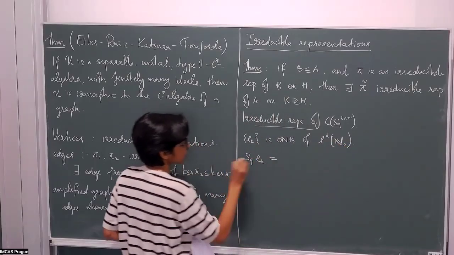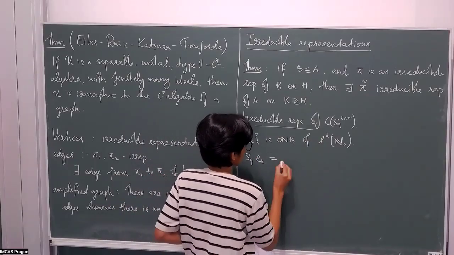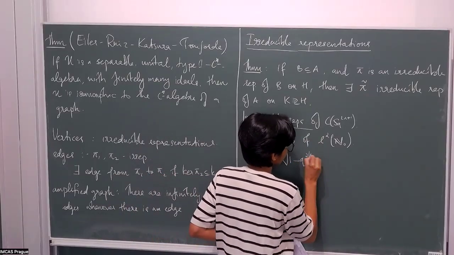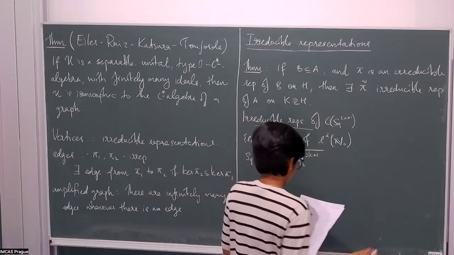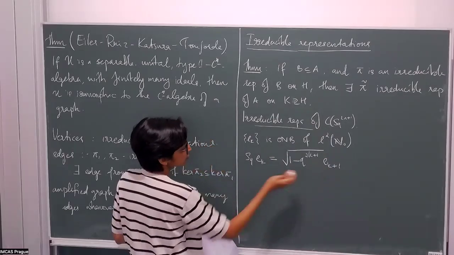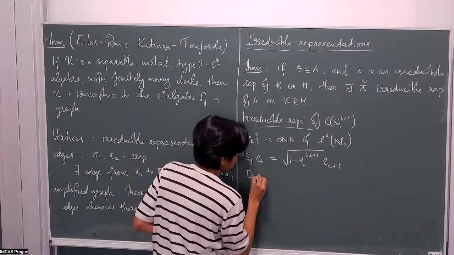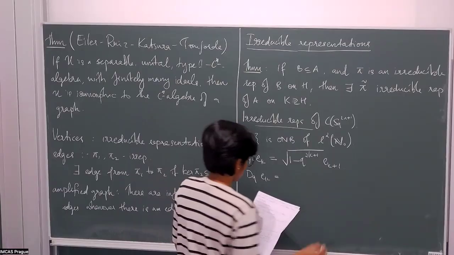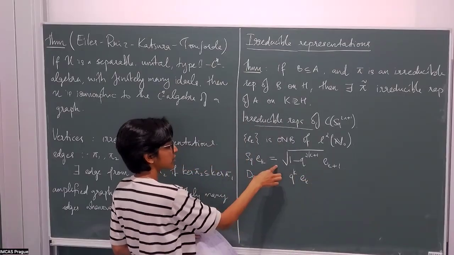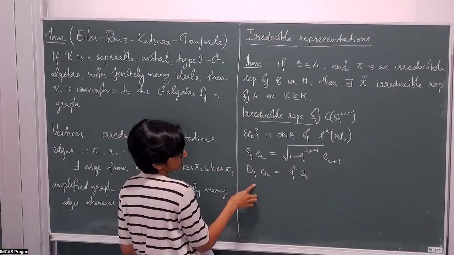One I call S_q, with S_q e_k equal to minus q to the 2k plus 1 times e_{k+1}. So this is a weighted shift. And then D_q e_k is just q to the k times e_k. The first is a weighted shift, and this is just a diagonal operator.